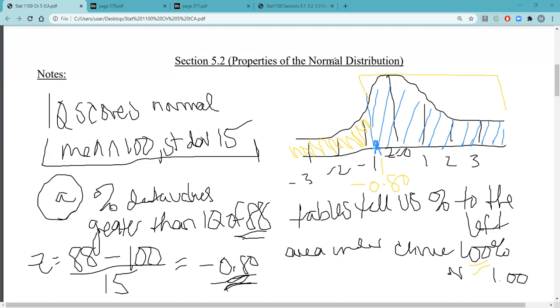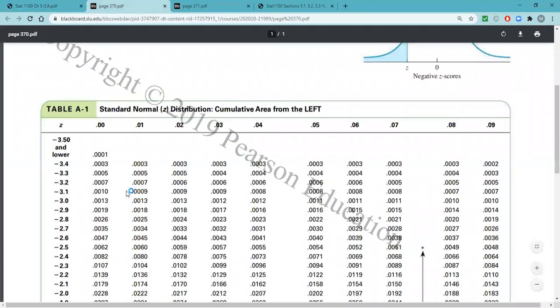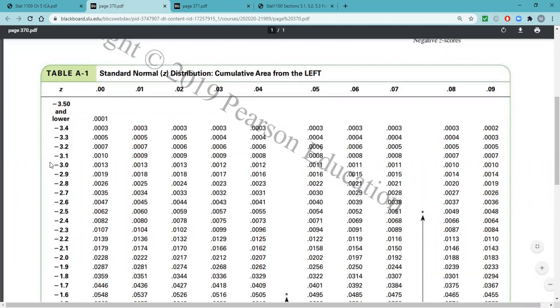So I'm going to go ahead and clear this screen just for a second so I can move and show the table. We're going to go ahead and use the one that talks about negative z-score, since we have a value of negative 0.80.